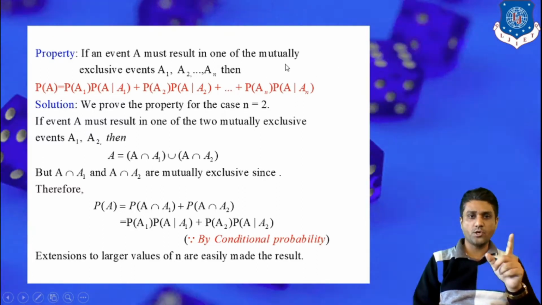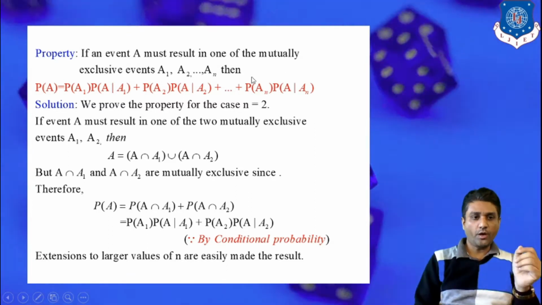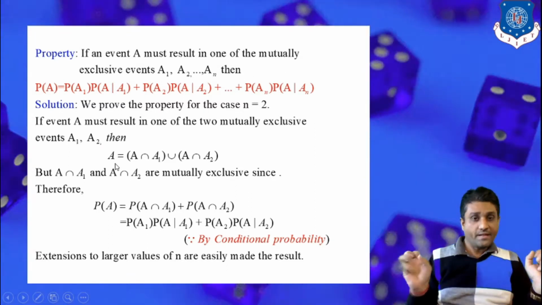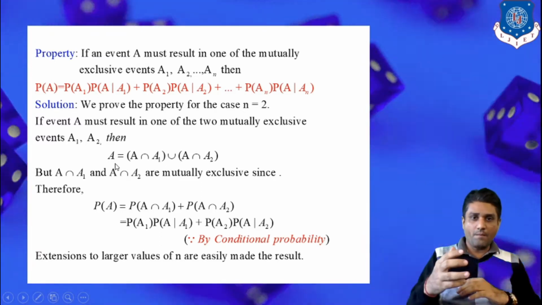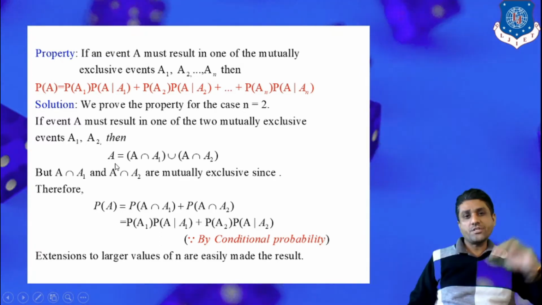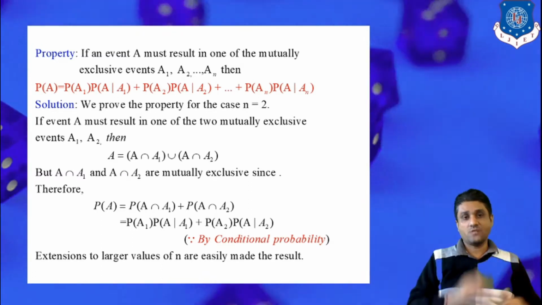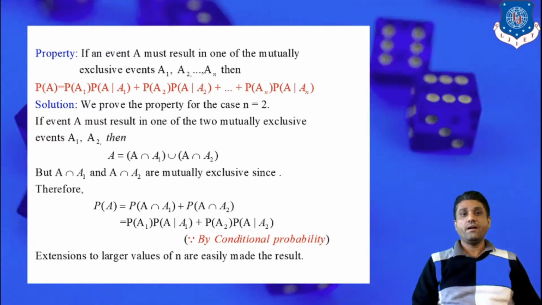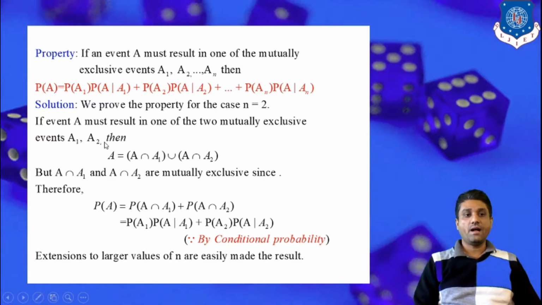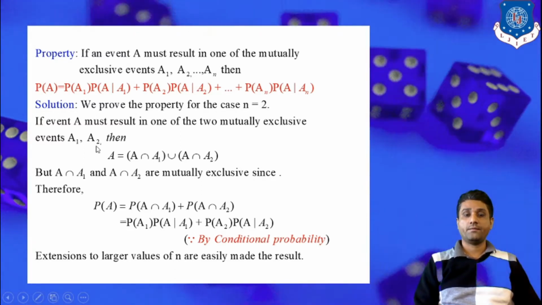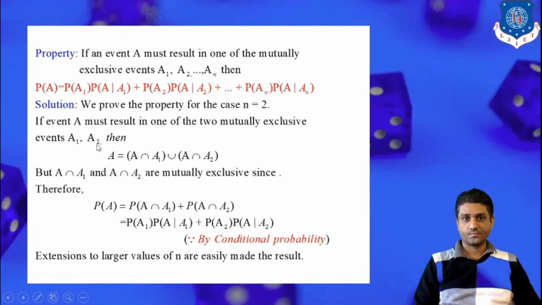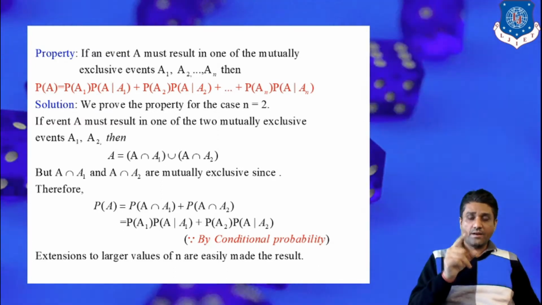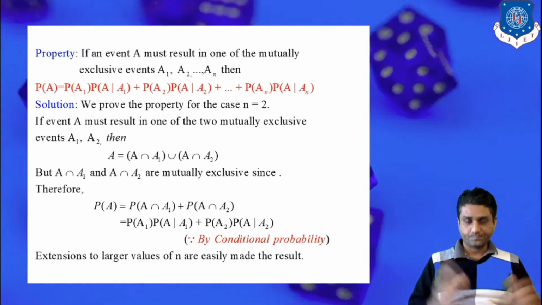But mutually exclusive means that these two events A1 and A2 have no common member belonging to A1 as well as A2. Precisely, the intersection of A1 and A2 is phi, that is the null set. This is the first basic concept: A1 intersection A2 is phi.